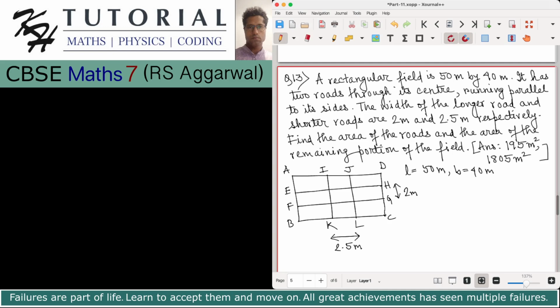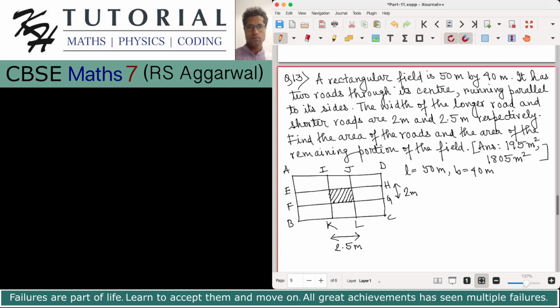So obviously this is the common region, common to both the roads, or the overlapping region between the two roads. Find the area of the roads and the area of the remaining portion of the field. So we have to find the area of the two roads and the area of the remaining portion of the field.